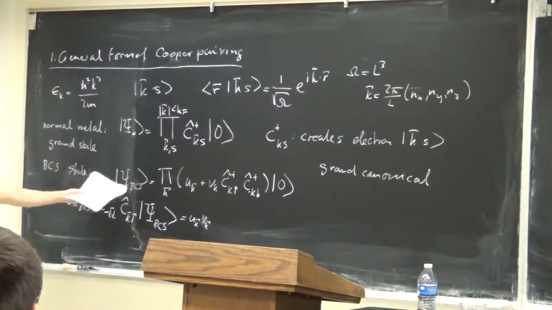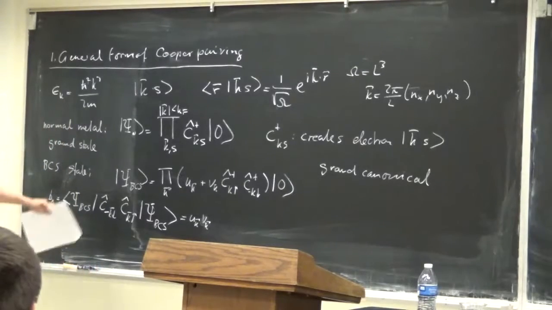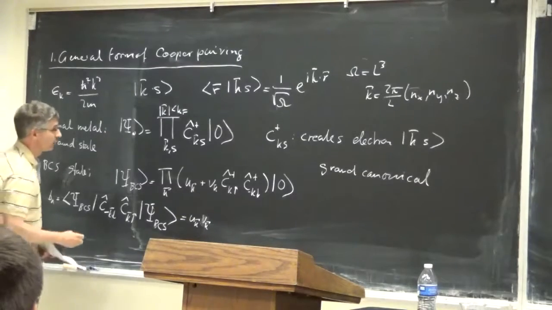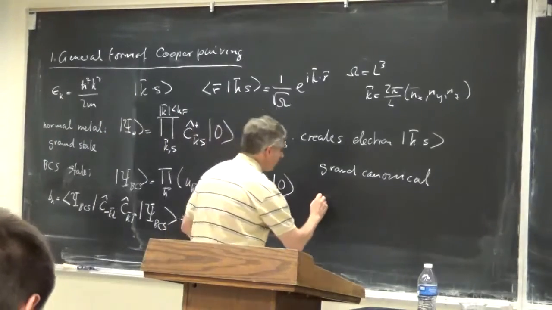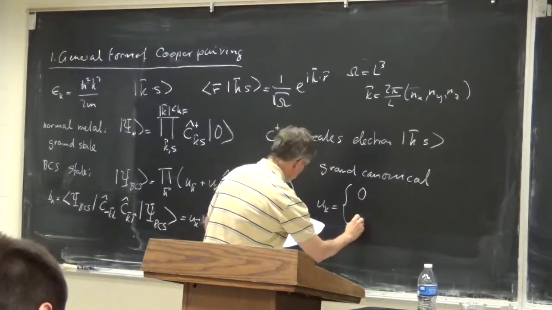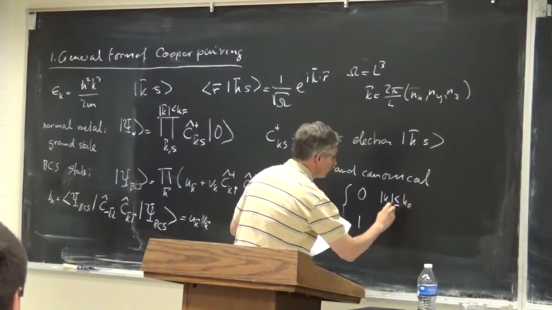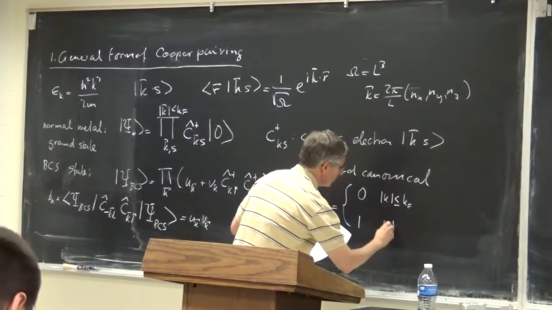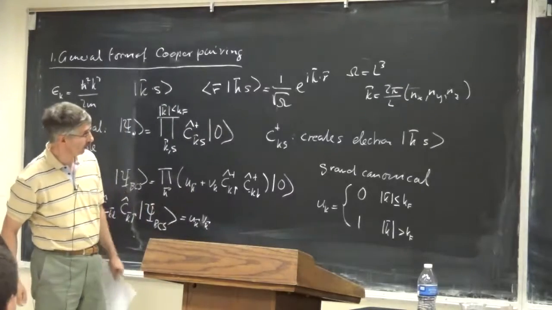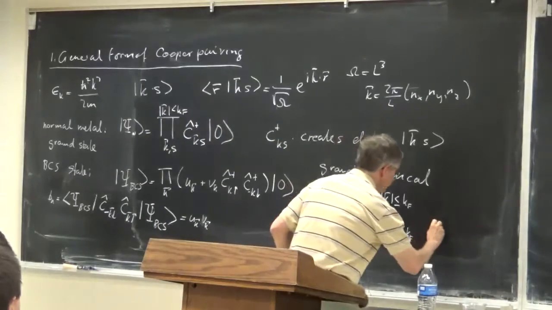And of course I can always write my fermionic states in this way. For the normal metal, u_k is 1 above the Fermi energy and 0 below, and v_k does just the opposite.